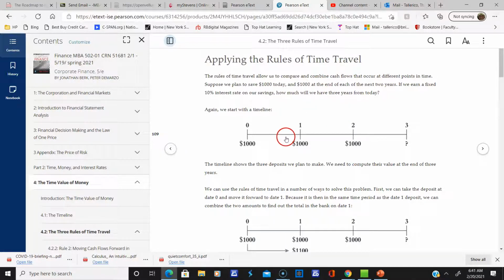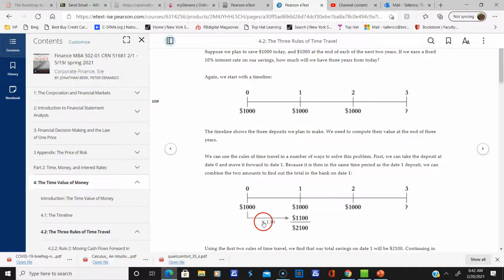So now we're going to start applying these rules of time travel, and we start again with a timeline, and here's the timeline, and here's the future value of the money growing, right? Now we're making payments, so we have $1,100 on the first, and then we pick up another $1,000 here. So we make a deposit, and then we start making annual deposits.